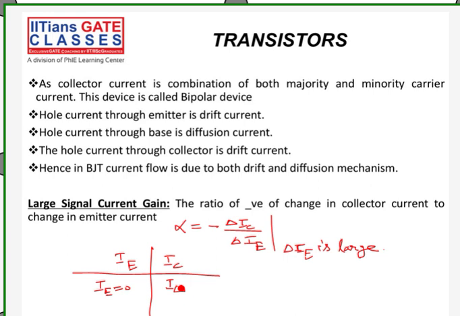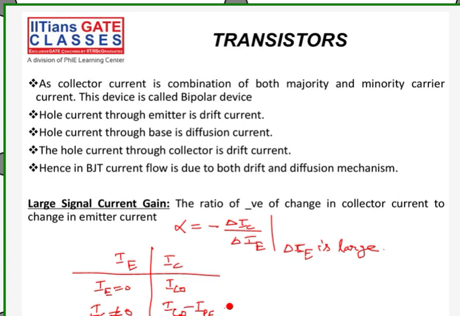And if IE is not equal to 0, means some majority carriers are generated in the emitter region and moving towards the base. So IC will be equal to ICO minus IPC. That expression I already gave. This will be the collector current here. So if it is 0, it will be the reverse saturation current only.